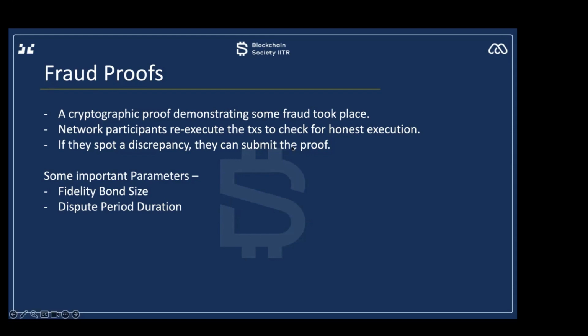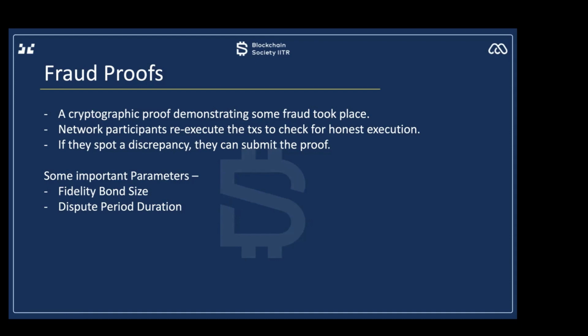It is a cryptographic proof, and it demonstrates that some fraud took place. There was a transaction which was not up to the mark. It was altering the state in a way that we were not expecting. There are some entities called verifiers. Because they have all the transaction data available, they run through all of it, generate a verified state themselves, and match that state with the state submitted by the sequencer.